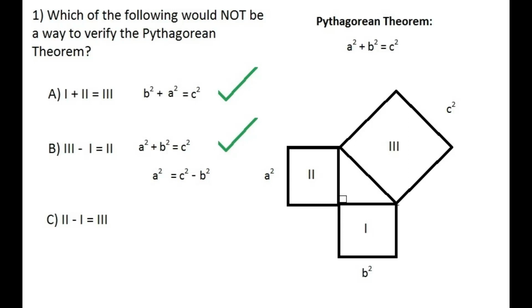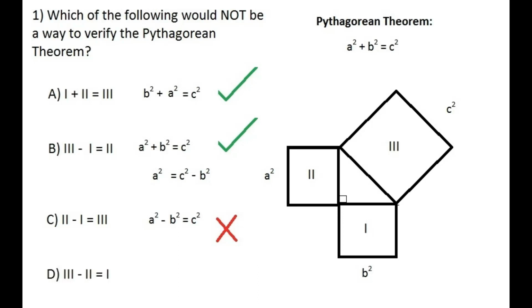Number 3, here's choice C, is block 2 minus block 1 equal to block 3? So is a squared minus b squared equal to c squared? And that answer is absolutely not. That's the opposite. I don't know what this is. This is some imaginary type stuff here. But yeah, C is definitely wrong.